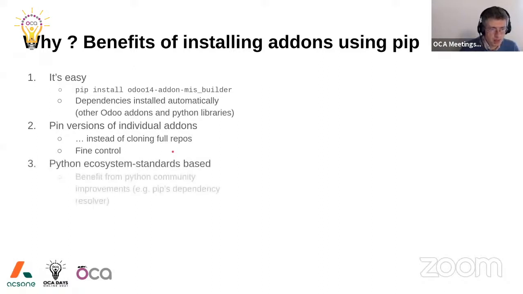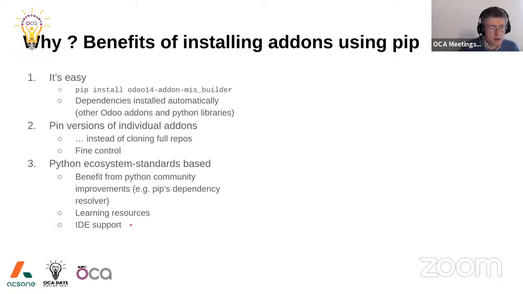And finally, there is a broad set of advantages, which is that basically we are using techniques and tools that are based on the standard Python ecosystem. And so you naturally benefit from improvements made by the broader Python community. You can benefit from learning resources you find on the internet outside of the Odoo community.